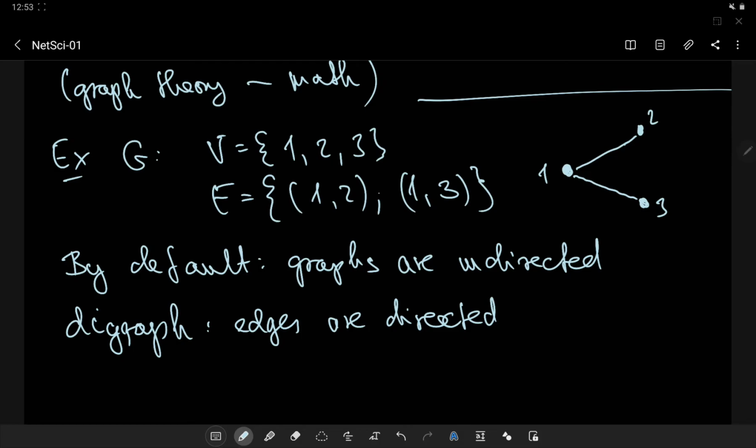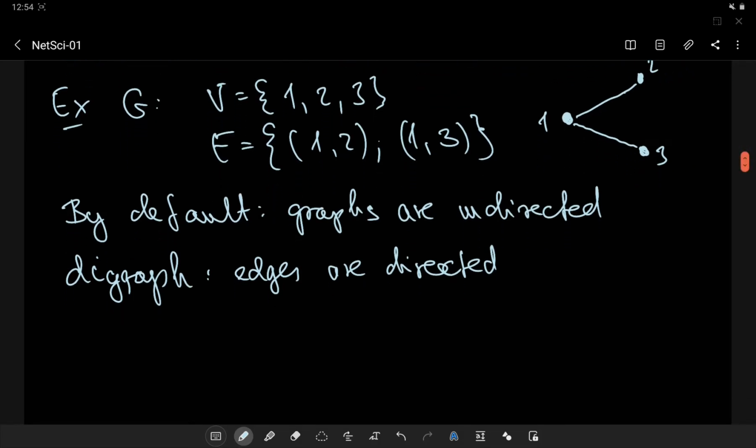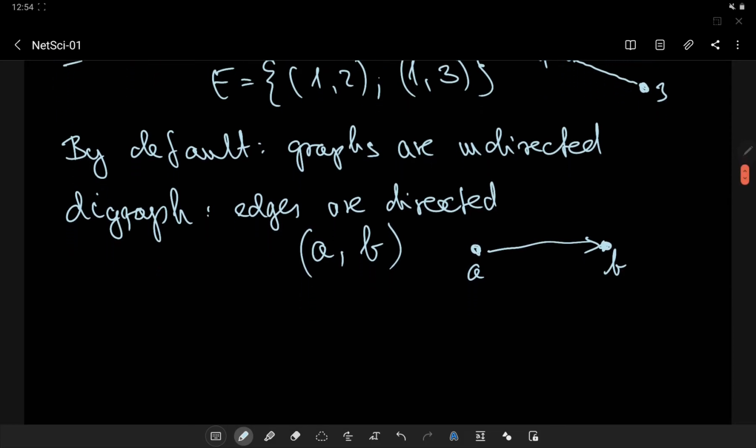So in that case the order is really crucial. If I have, for example, two nodes denoted by A and B, then this means that I have two nodes A and B in the graph, and then of course I have a direction between the nodes. Right, so these are digraphs.